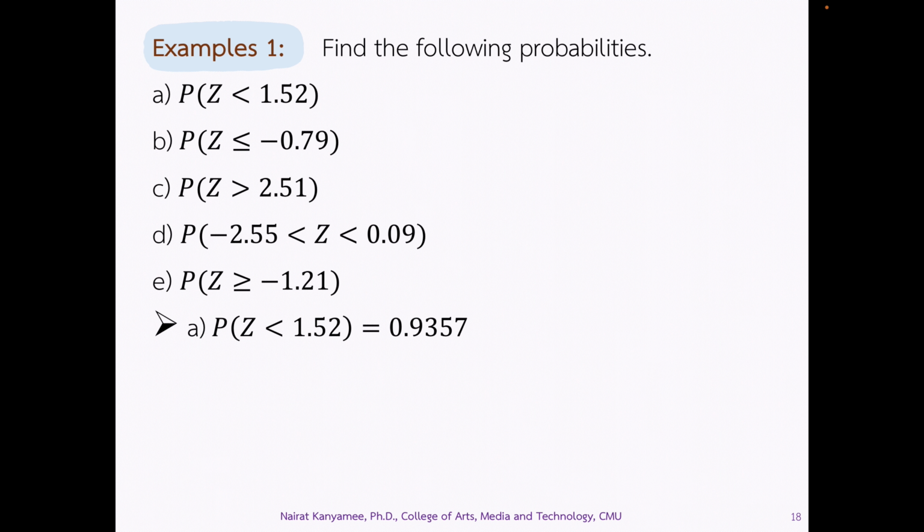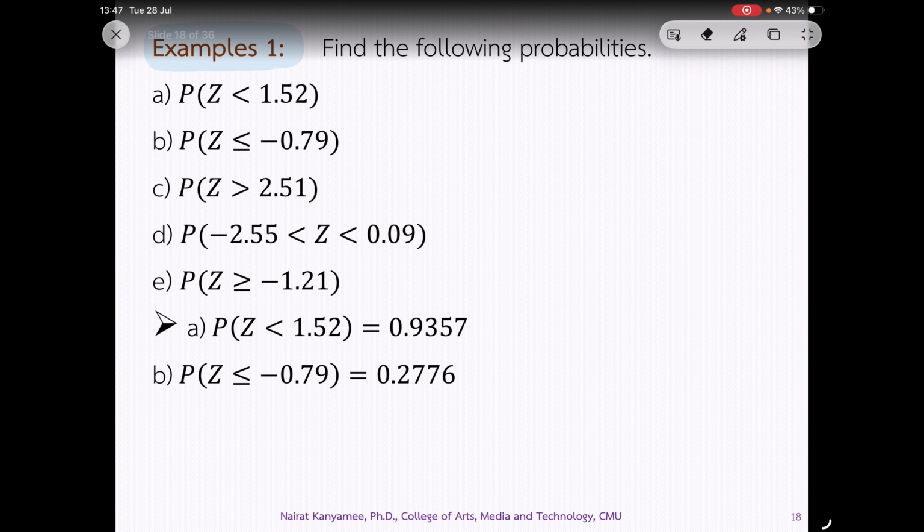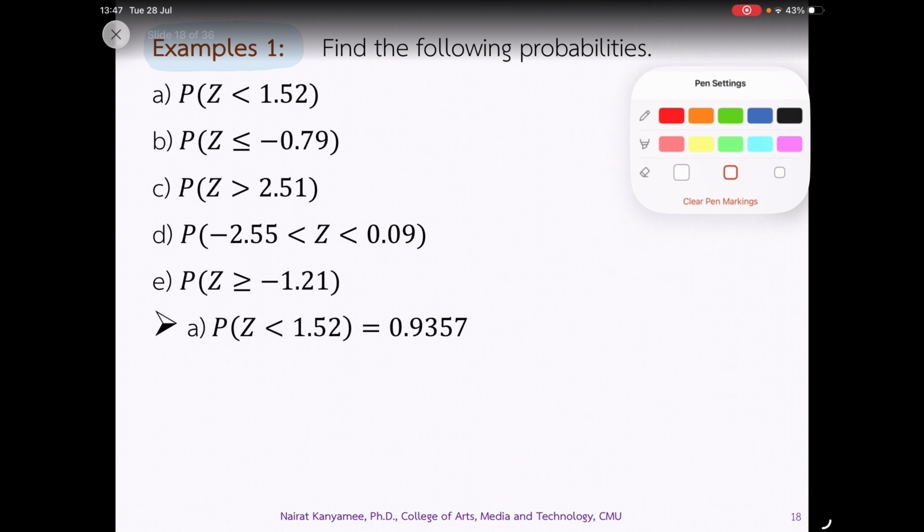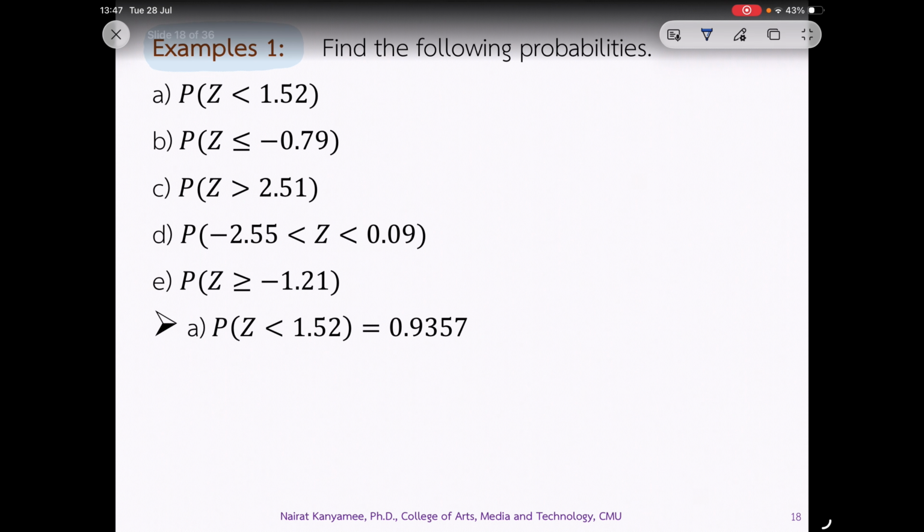Okay, now our Z follows a normal distribution with mu 0, sigma is 1.